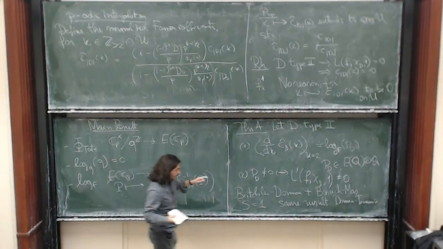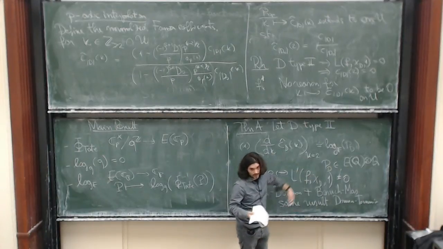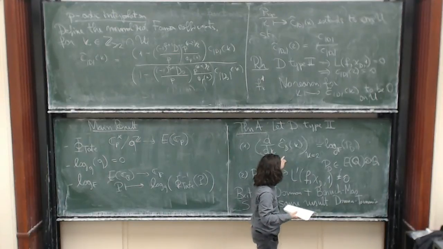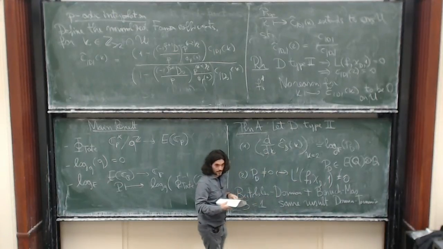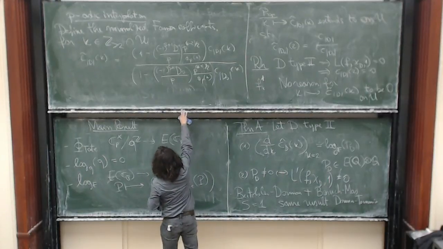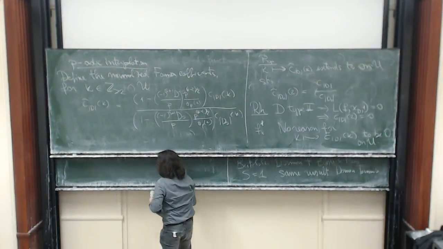So the conjecture was that there exists a lift such that this holds. Okay. So let me give very quickly the idea of the ingredients that are used in the proof.